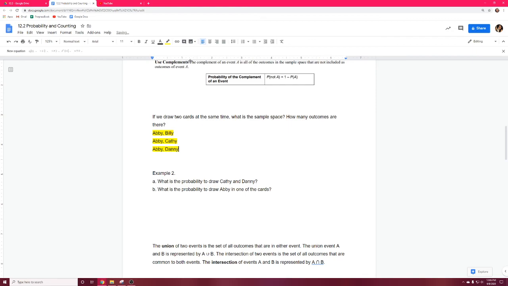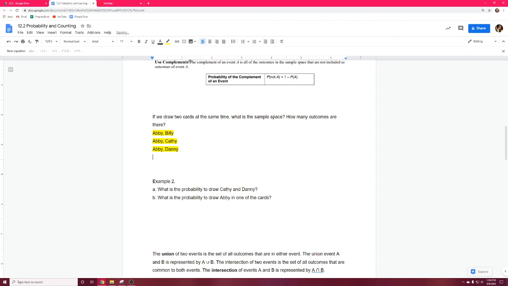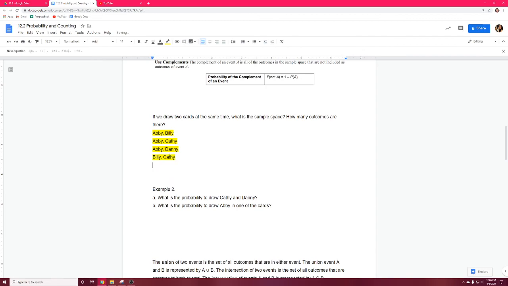I do it this way to lay out just to make sure I do not miss anything, okay? All right, so you can also draw Billy. Billy Abby, I already put it here, so I don't include Billy Abby since we are drawing two cards at the same time. Billy Abby, Abby Billy are the same thing. Billy Kathy, and we can do Billy Danny.